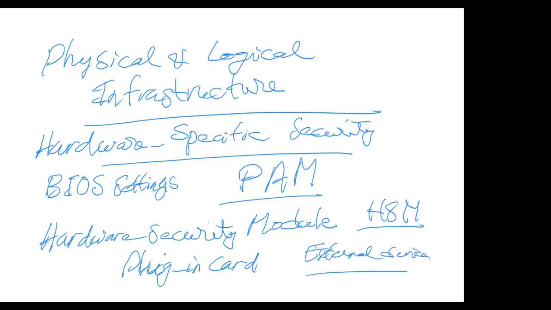What is the importance of the HSM? It performs the encryption and decryption for digital signatures, authentication, and all the services related to cryptography, and mainly also stores the private keys.